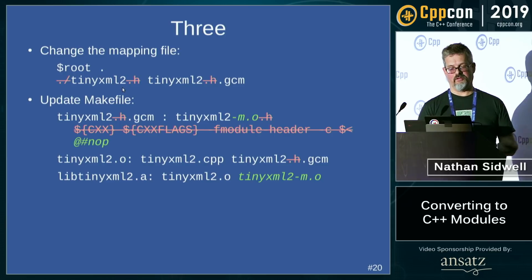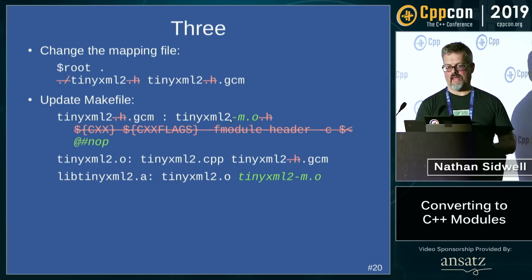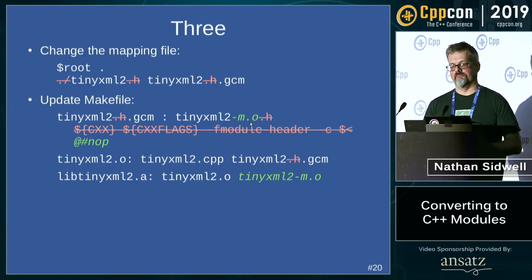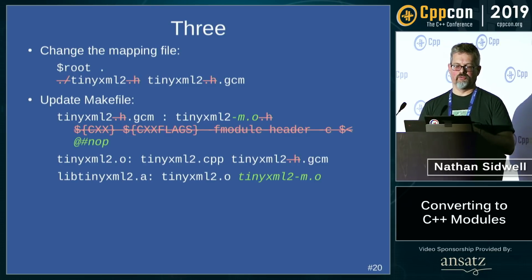And we have to update the makefile by ripping bits out of it, because of course now the GCM file is a different name, so we change the name there, and it's dependent on the -m.o file. This is a bit of a sleight of hand in make, because it's produced at the same time as the .o file, but if I do it this way, make will already have an implicit rule for generating a .o from a .cpp, so I don't have to teach it any more stuff.